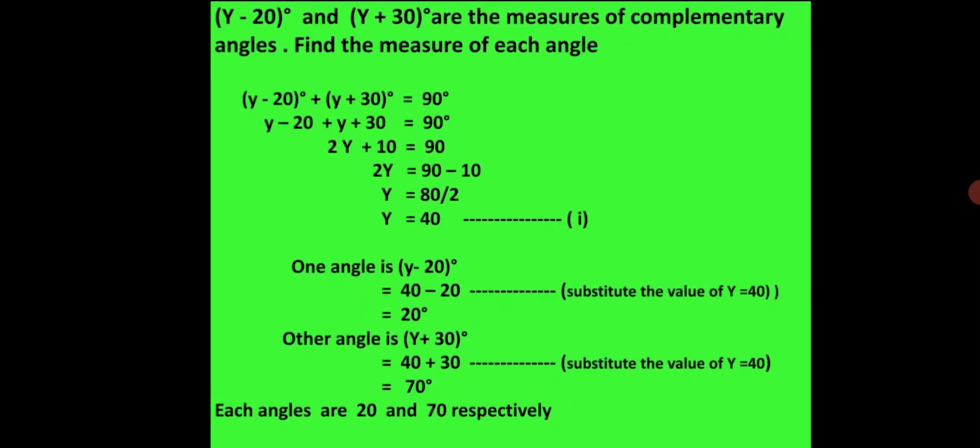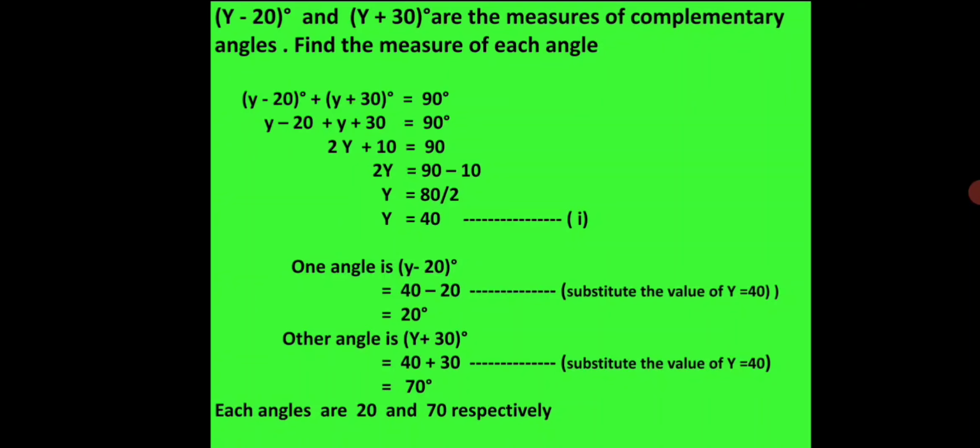Now students, we have to substitute the value of y into the two expressions, y minus 20 and y plus 30. Let us see the first angle, that is y minus 20 degrees. I substituted the value of y, that is 40. 40 minus 20 gives the first angle, 20 degrees.